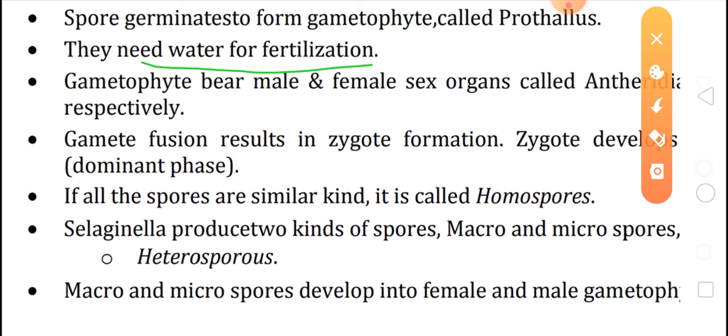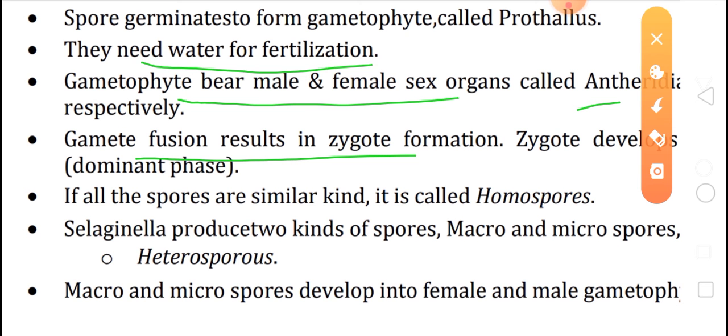The male sex organ is antheridia, and the female sex organ is archegonia. When male and female gametes fuse together, they form a zygote. So gamete fusion results in zygote formation, and the zygote develops into an embryo, the dominant phase. Clear?